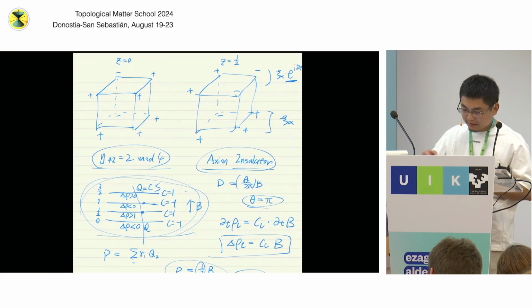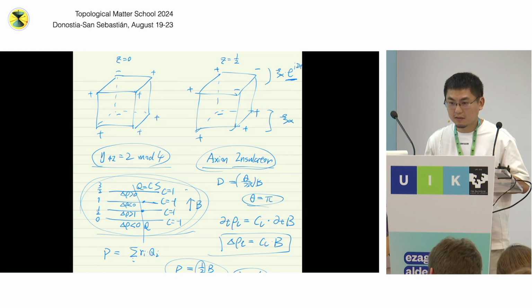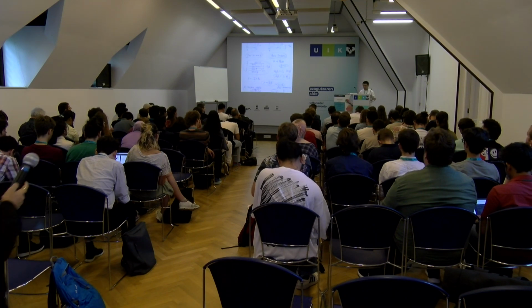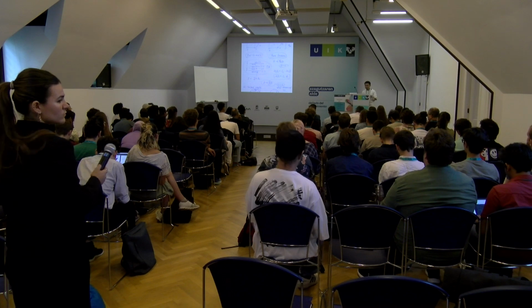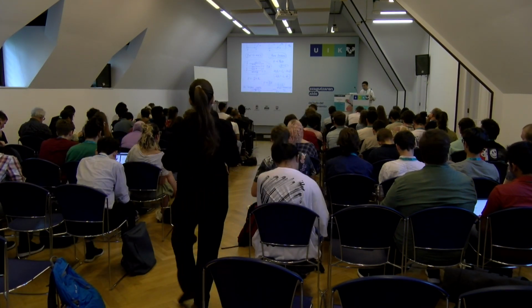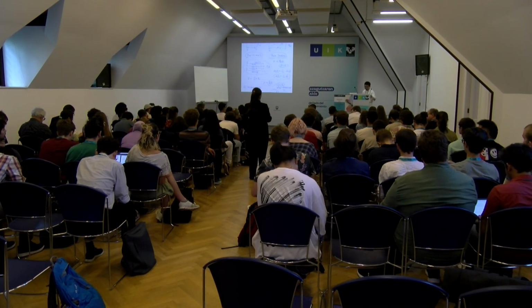Okay, so basically this is the end of my first question. So when you put it on a sphere, you have an even number of layers? Odd number of layers, because an even number of layers must break the inversion symmetry. Yeah, okay. I have a question. Can you give an example of how that would look in a real material? So in reality, a material never looks like this.